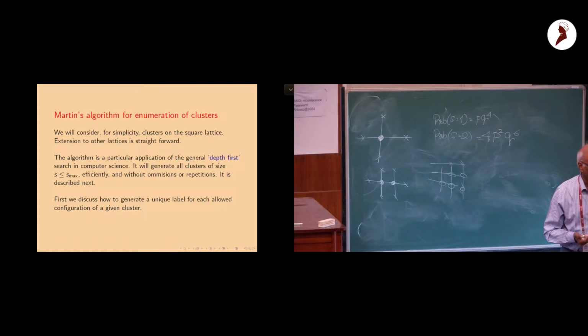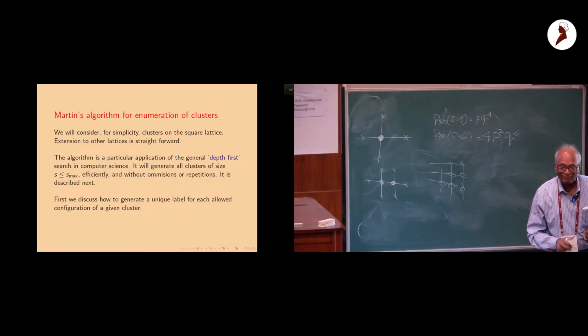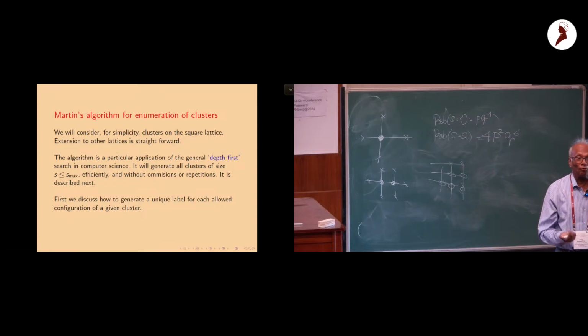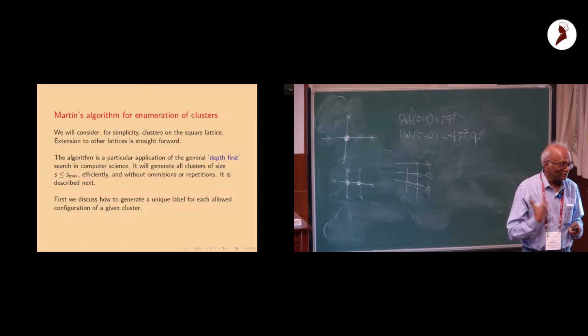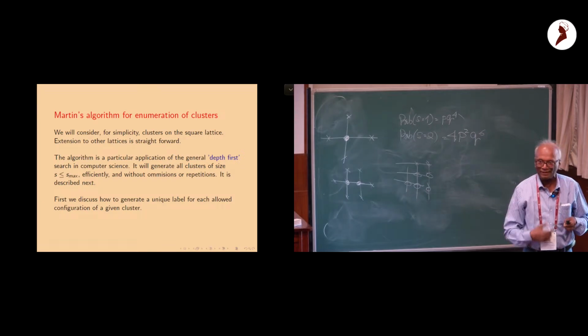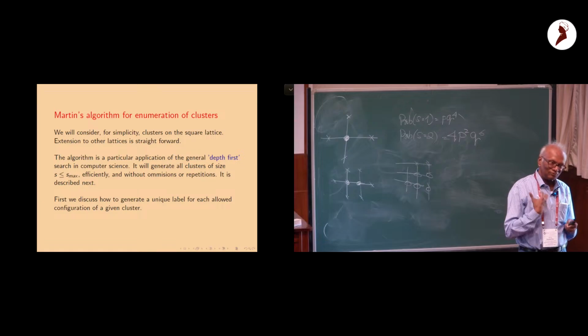Then I can ensure it. Like there are so many people in India, everybody has an Aadhaar card number, an identification number. Everybody has a different number, even though there are a billion people. You can sort all the people in a list using their card number. That is the reason the card number is a number and not a list of other characters. So we will do the same thing: we will assign a number to each cluster.